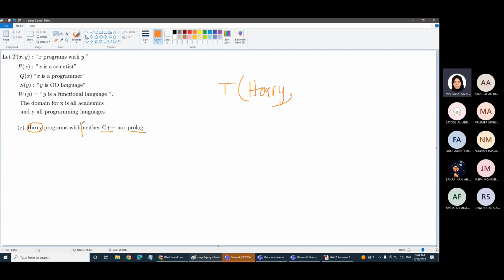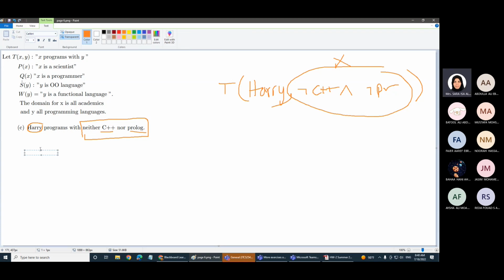But for programs with, I have something here, neither C++ nor Prolog. And I find that many students put it here, not C++ and not Prolog. This is incorrect. You cannot do that as a second parameter. Actually, this statement said Harry does not program, I think I have to make it bigger. Okay.